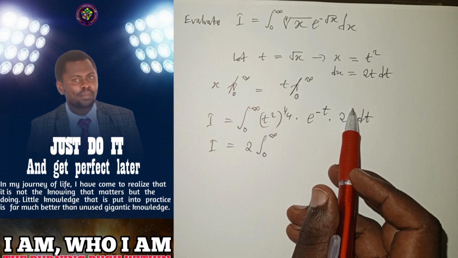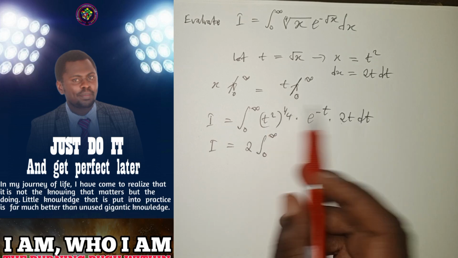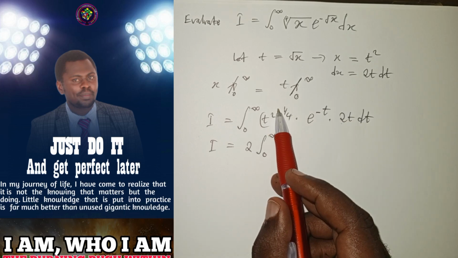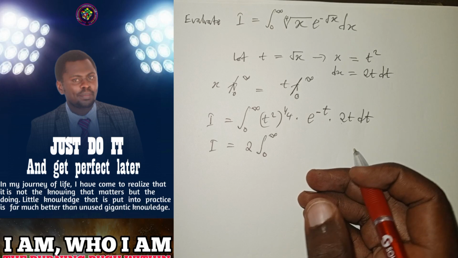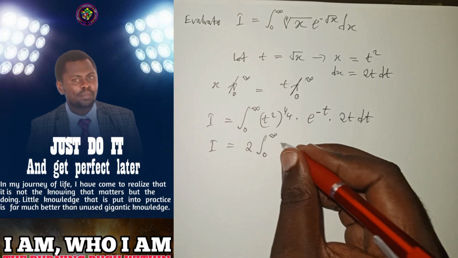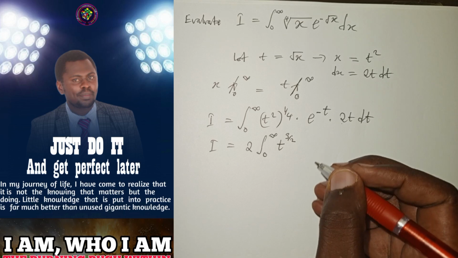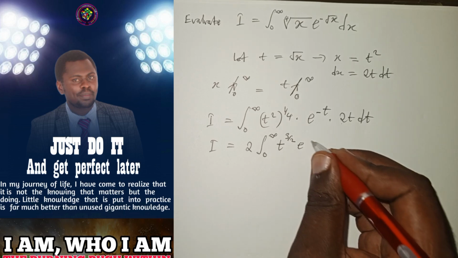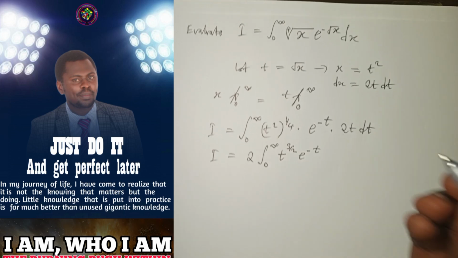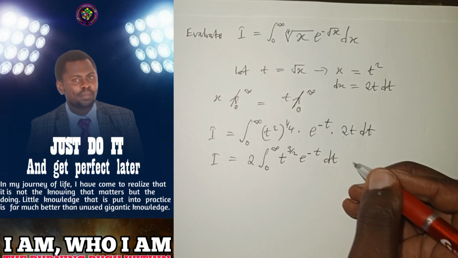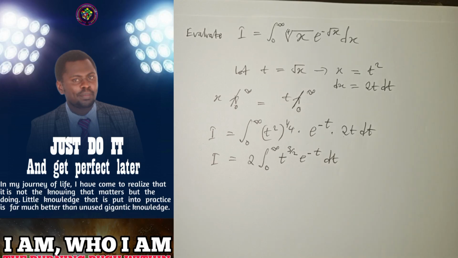Then this t has power 1, so it's just a matter of adding the powers. So 1 over 2 plus 1, you get 3 over 2. So we're going to have t to the power 3 over 2, then exponent of minus t dt.